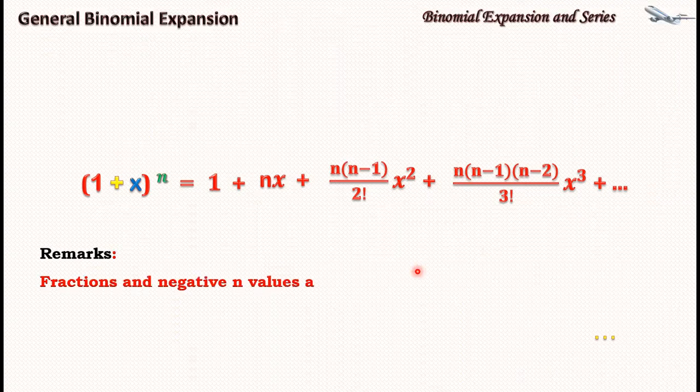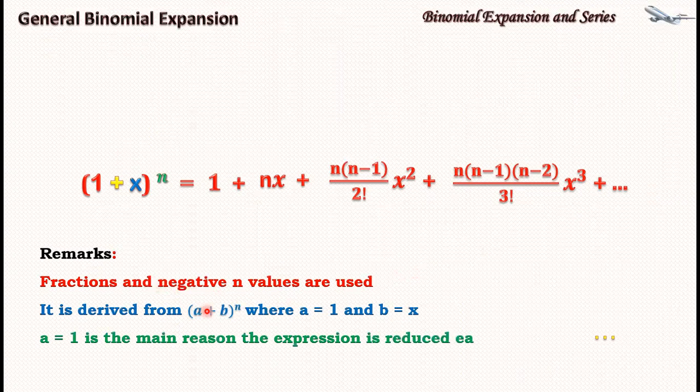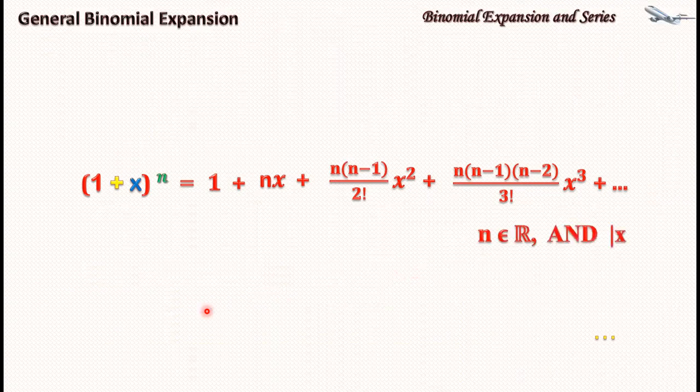Remarks: fractions and negative n values are also applicable in this particular case. So here we can work with fractions and negative values of n, unlike the previous. With this expansion, the absolute value of x should be strictly less than 1.